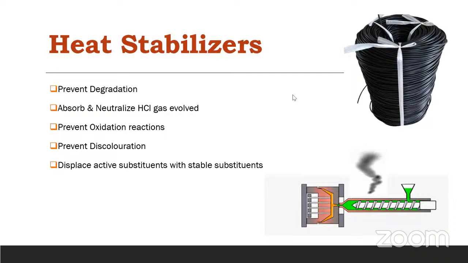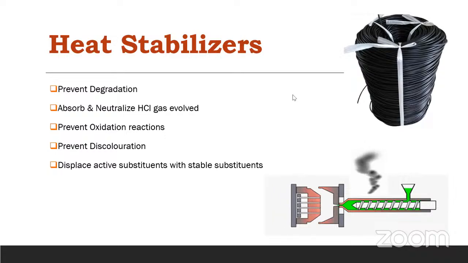So to enhance its processability, we can also use heat stabilizers in polyhydroxybutyrates. Depending upon your polymeric material system and your processing temperature, we can adjust which kind of heat stabilizers can be used in a certain polymeric system.